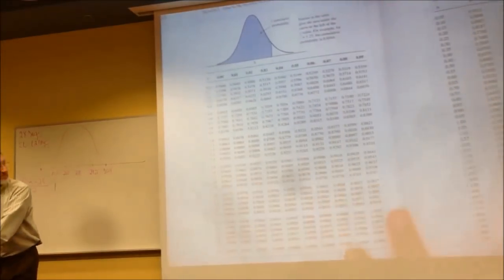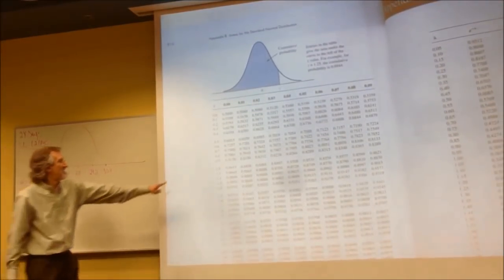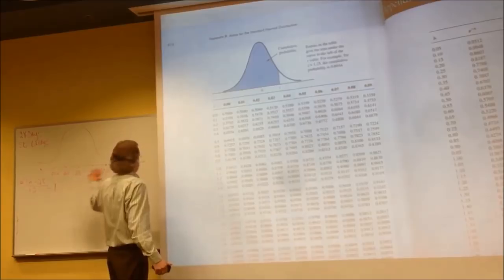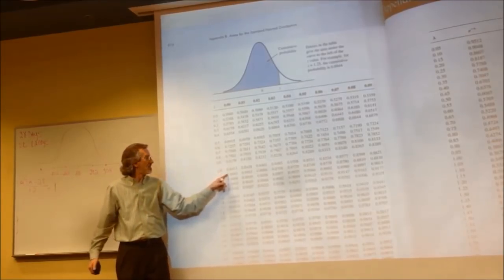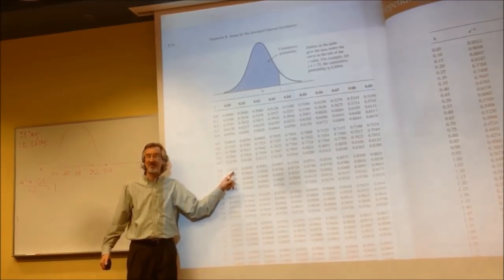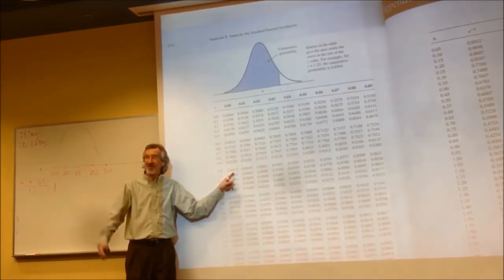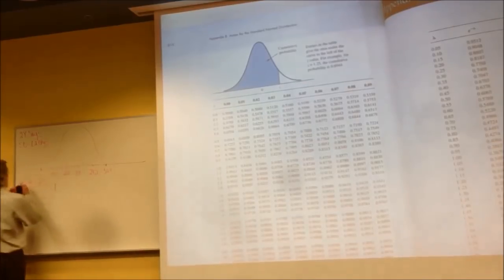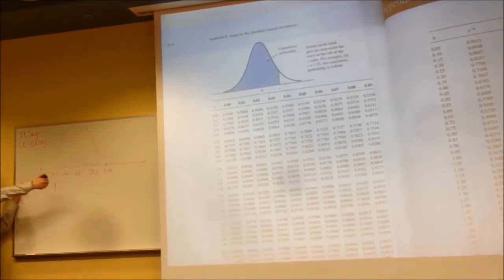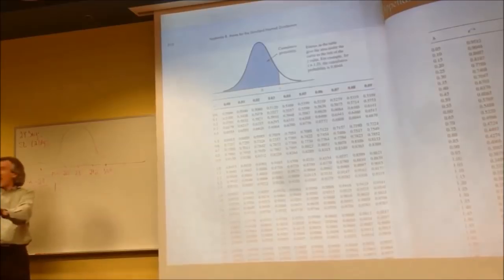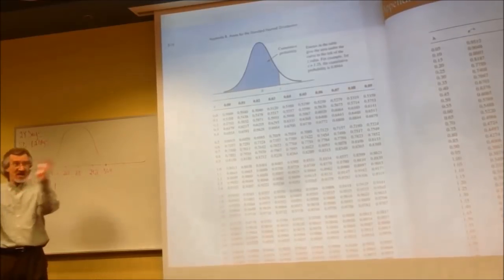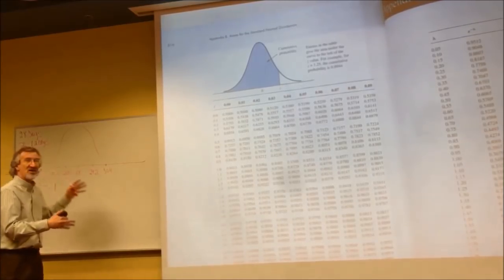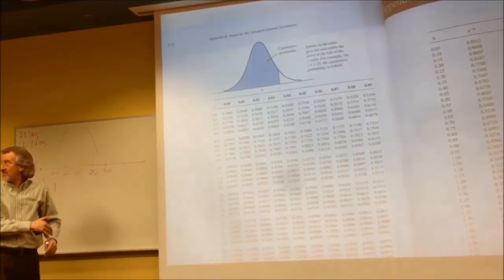Right here, 1.0, because there's no other digits to the right, and the probability is 84.13%. What a coincidence. And that's the probability of the project getting done in 29.2 days or less. Remember, these tables always give you the probability of any number or less, to the left.